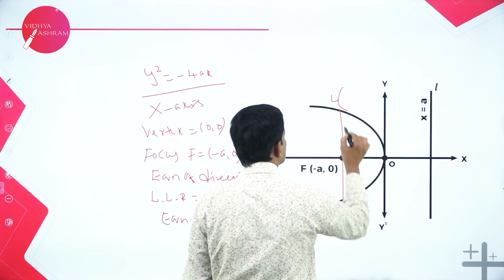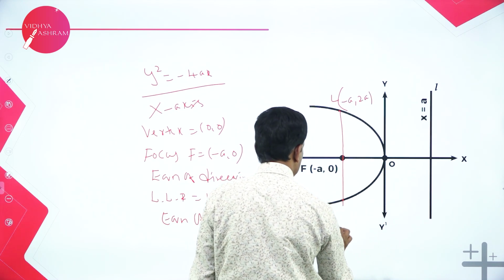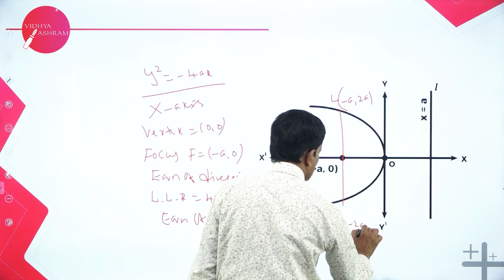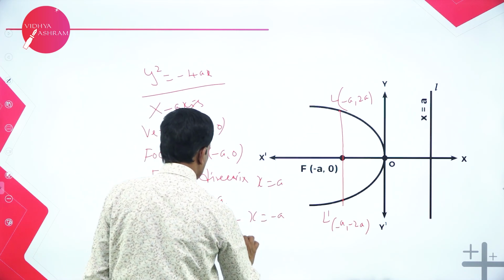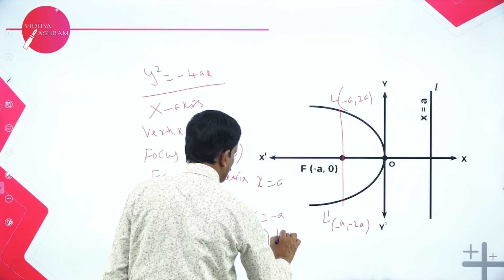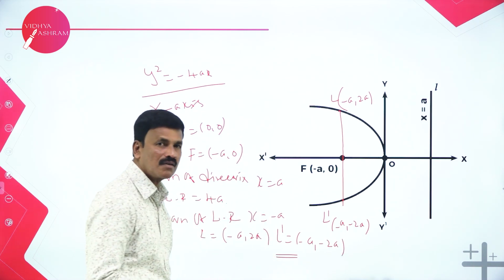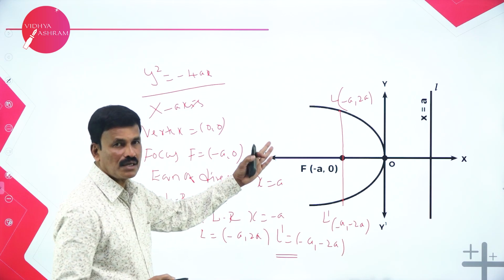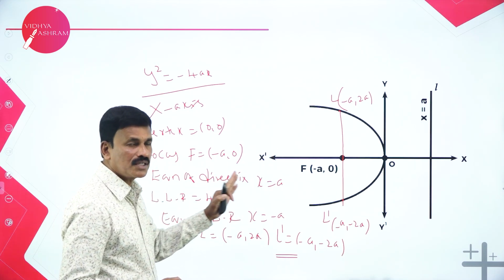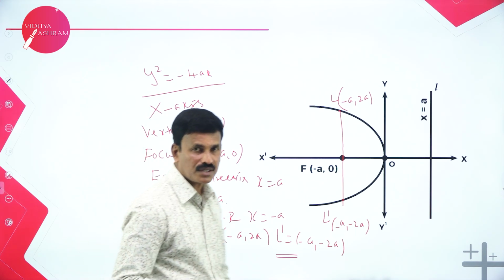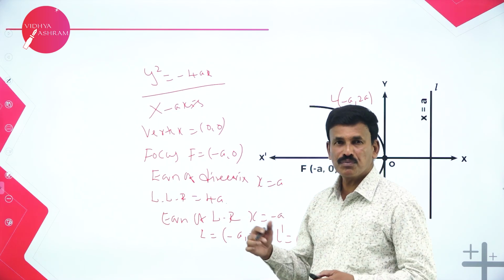So L is equal to (minus a, 2a), and L dash is equal to (minus a, minus 2a), for a parabola which is opening towards the left-hand side, right? So the first one is the parabola opening right, another one is the parabola opening left.